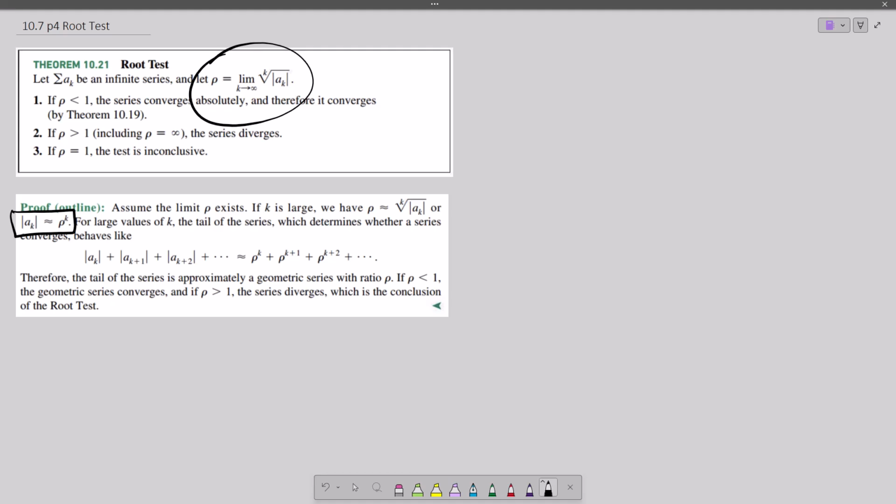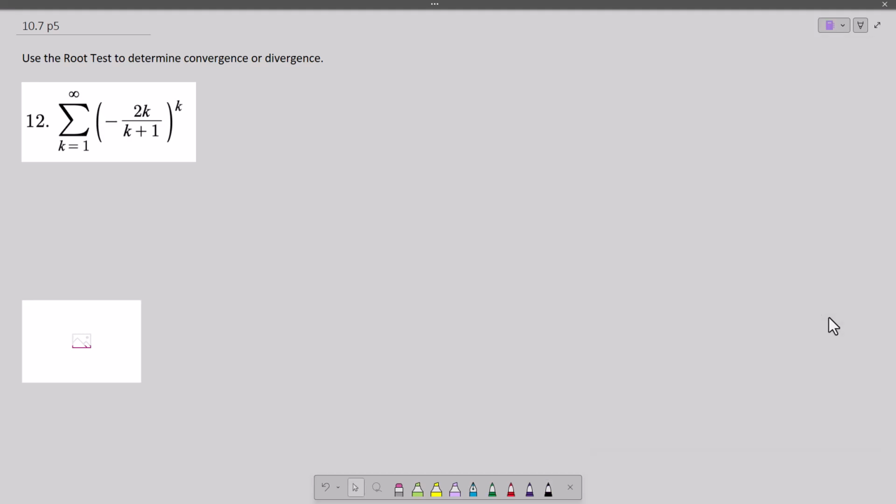And so it's like you have common multiplication by rho repeatedly, which is geometric. So if the tail of the series is acting geometric, that's enough to say that it's geometric, because we don't care about the leading terms. It's the tail that dictates convergence. So both root and ratio are essentially geometric series.